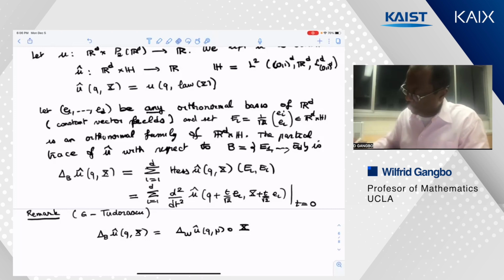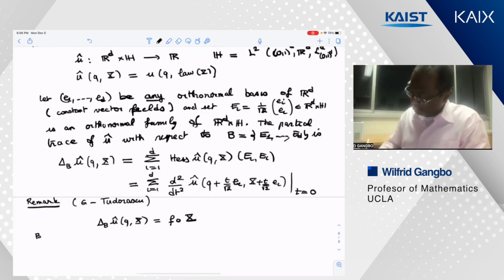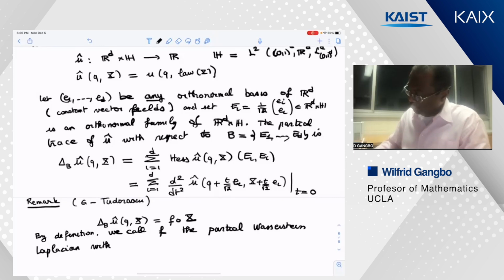So you can write it the following way. The statement is this function can be factored as F composition X. And by definition, we call F the Wasserstein Laplacian with respect to E1, ..., ED.